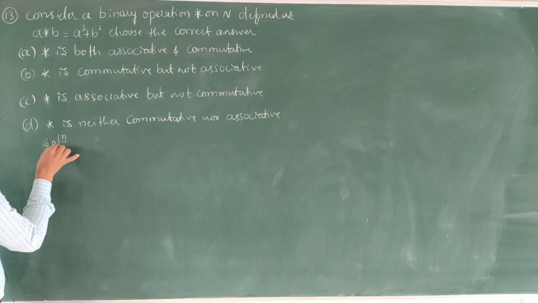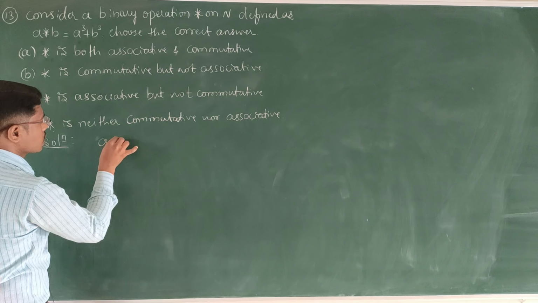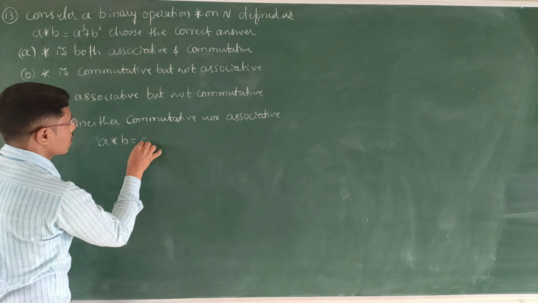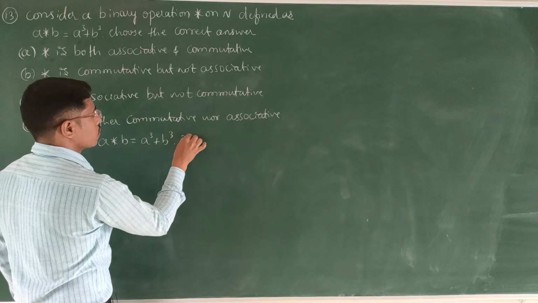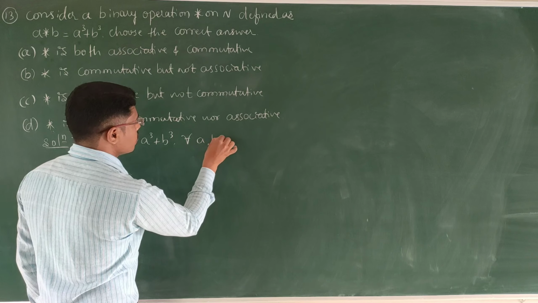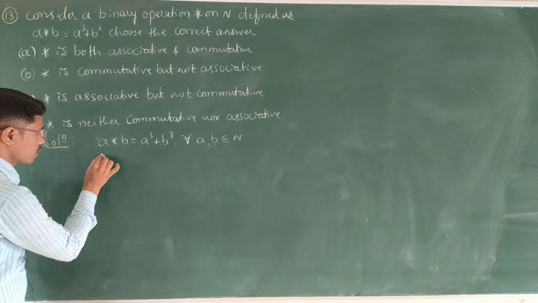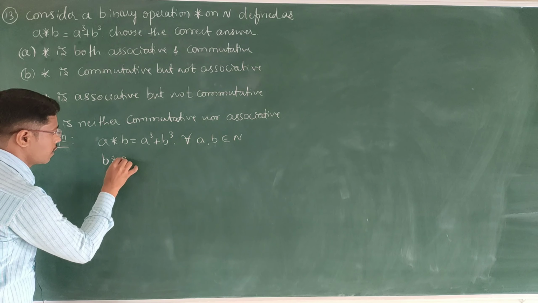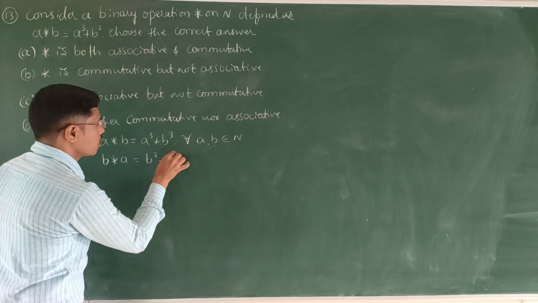associativity and commutativity. The operation is a star b equal to a cube plus b cube for all a, b belongs to the set of natural numbers. Okay, so I will write b star a is equal to b cube plus a cube.